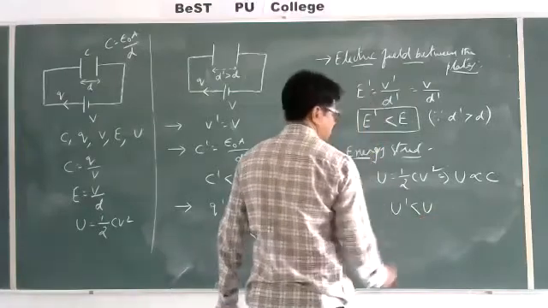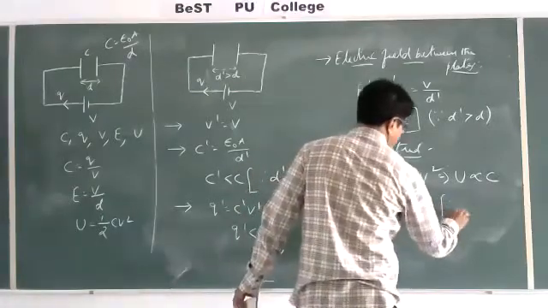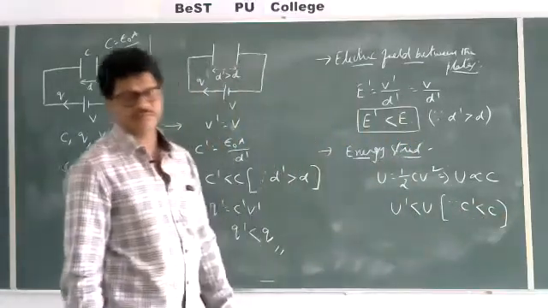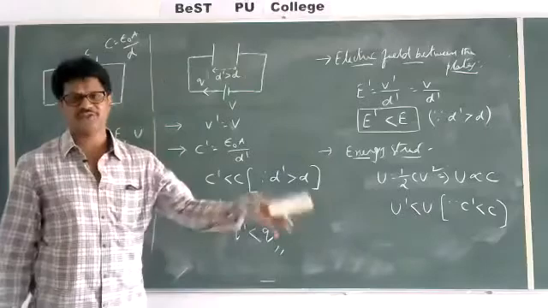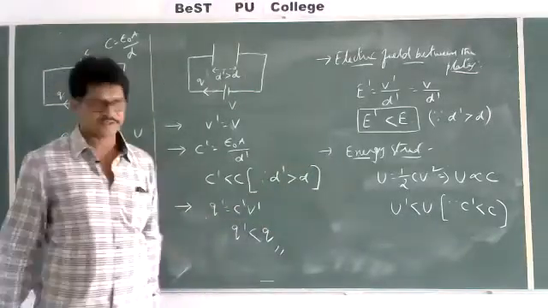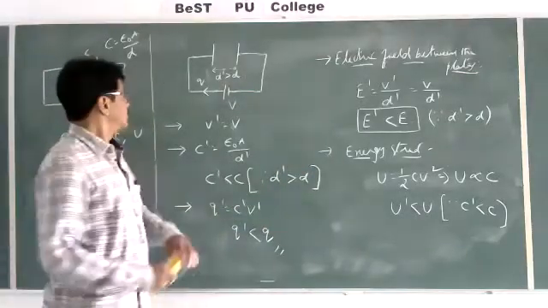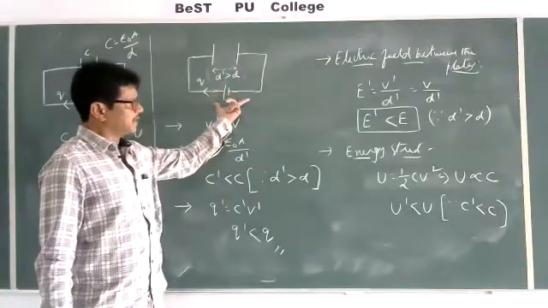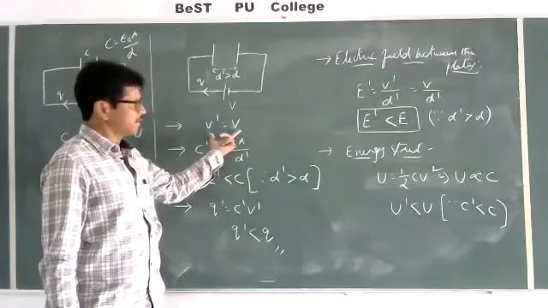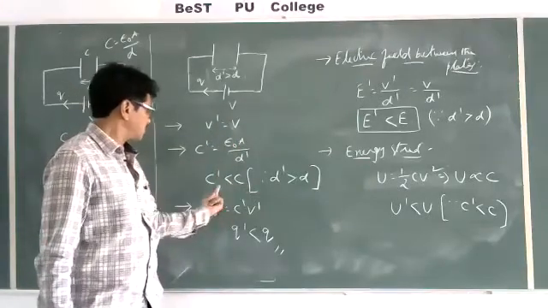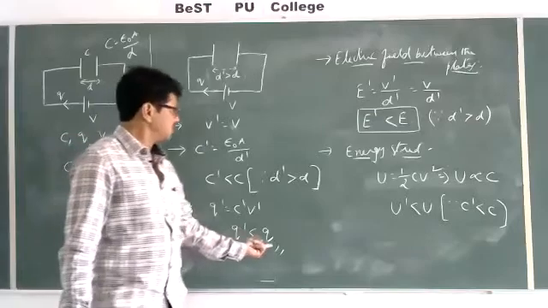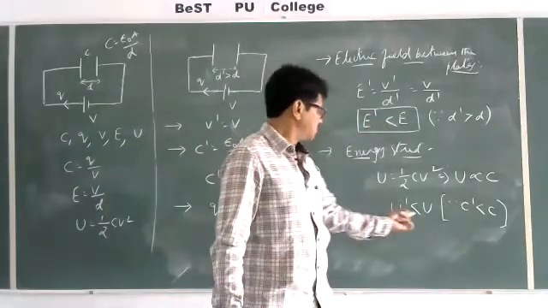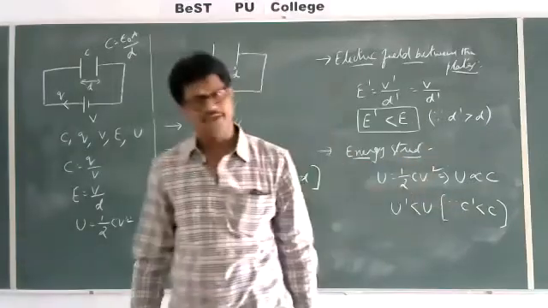U dash is lesser than U, since C dash is lesser than C. He will ask like this: what happens to the energy stored, increases or decreases? So if you increase the distance between the two plates without disconnecting the battery, potential remains constant, capacitance decreases, charge decreases, electric field between the two plates decreases, energy stored between the two plates will also decrease.